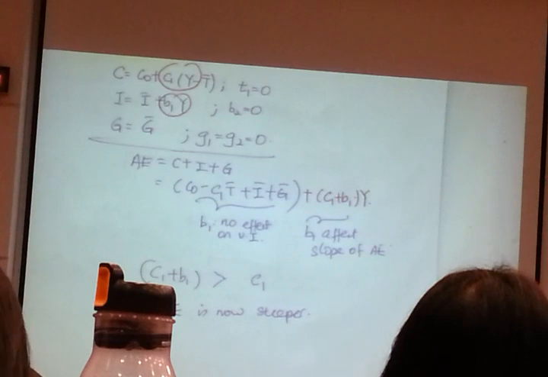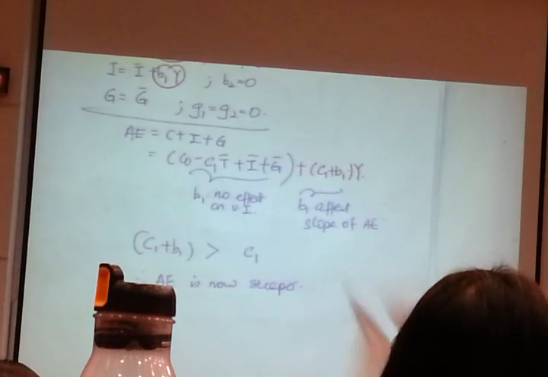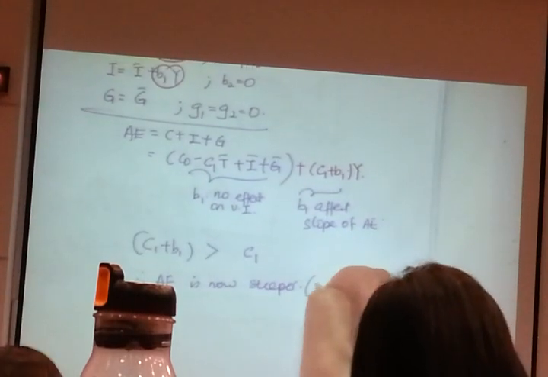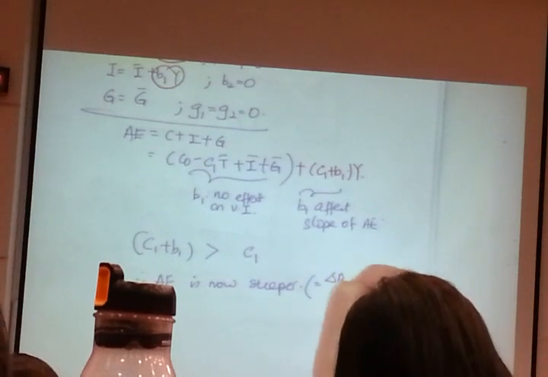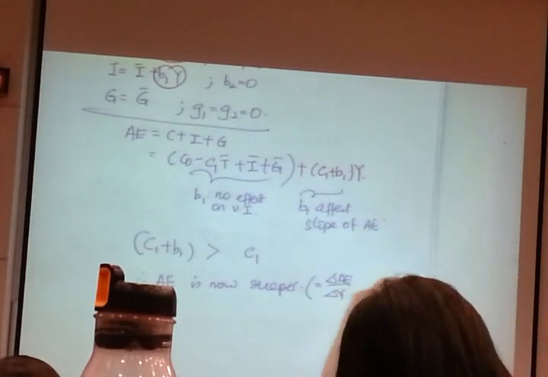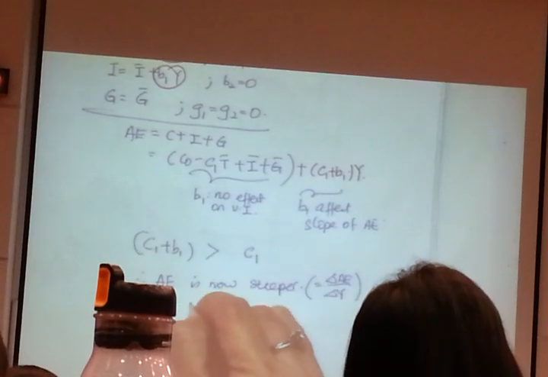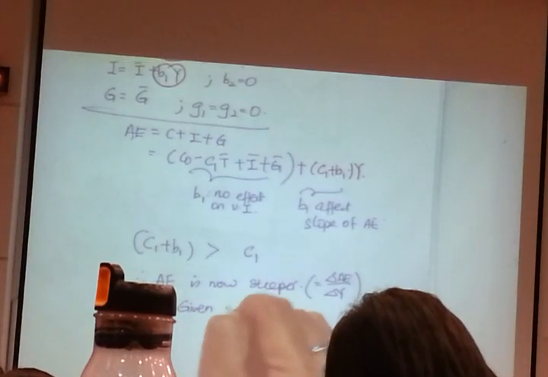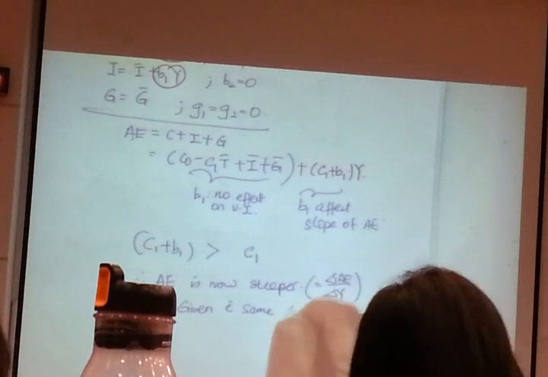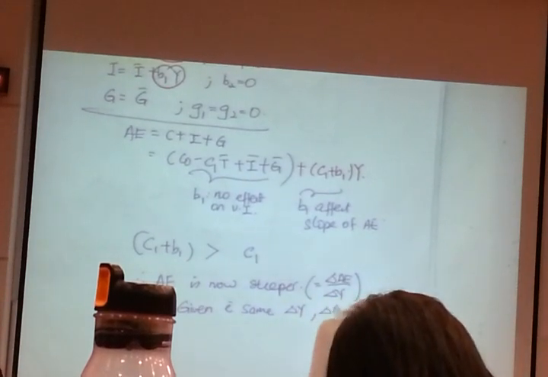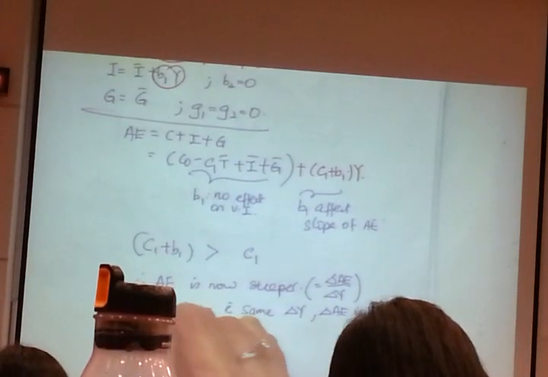What is the meaning of AE being steeper? There are two ways to show it. The slope of AE is change in AE over change in income. So AE steeper means, given the same change in income, the change in AE is larger.